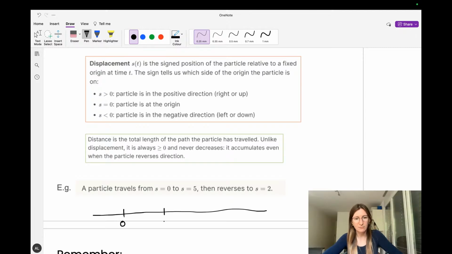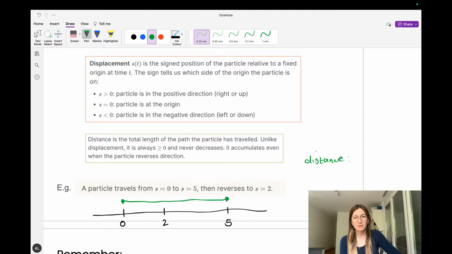Let's say we go from 0 to 2 to 5. And I'm going to do distance in green. So let's say I'm a particle and I'm starting at 0. Then I'm traveling to 5. All right, so let's say my distance.